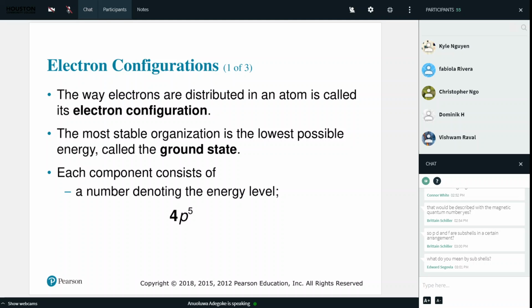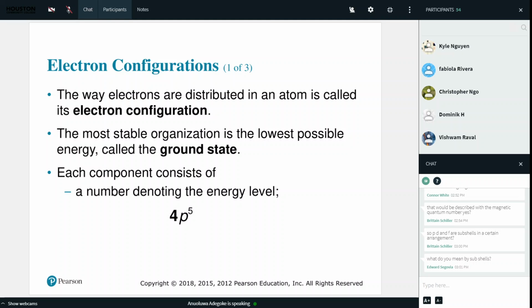So now, this is where we are going in this chapter. This is the main essence of this chapter, to understand how and why we write electronic configurations. We write electronic configuration by using all those quantum numbers we have learned. Basically, when we write electronic configuration, we are placing electrons on the energy levels in atoms.